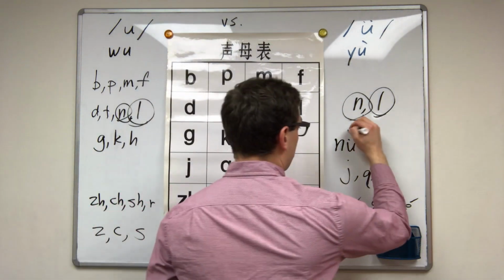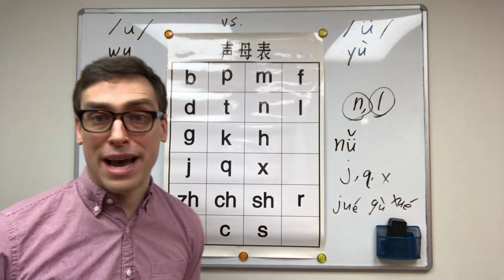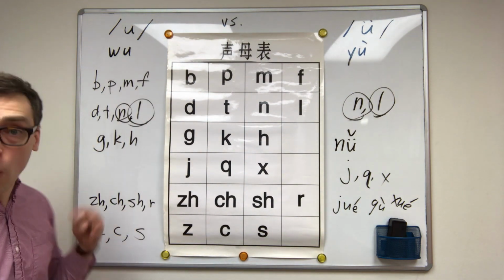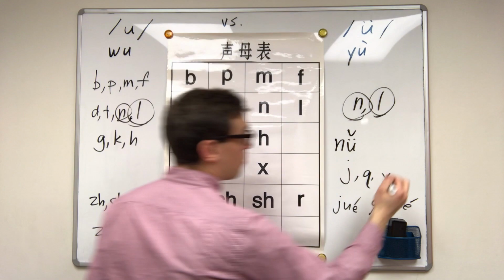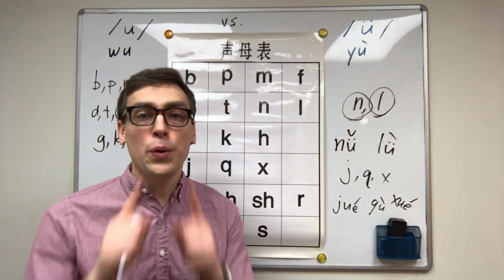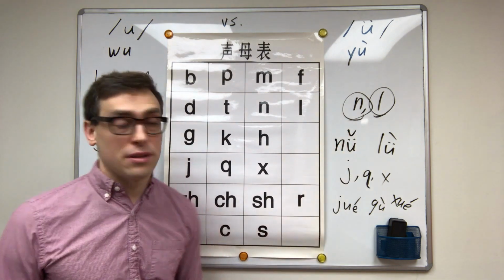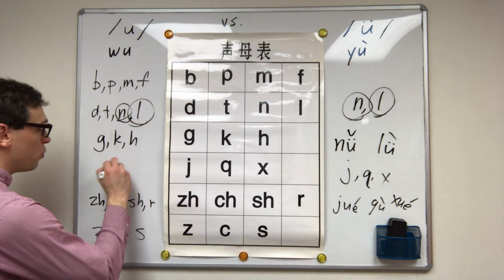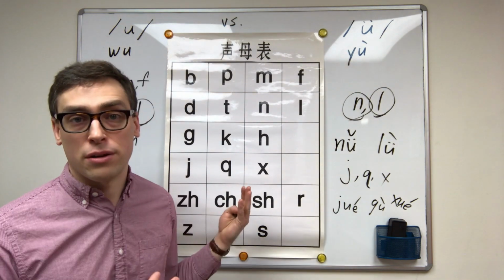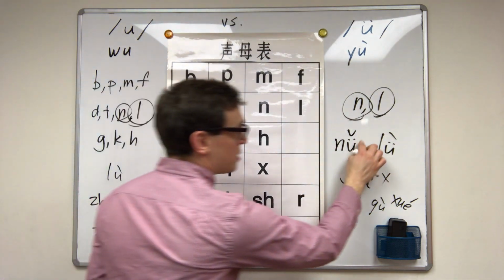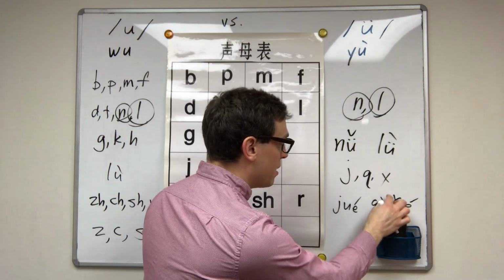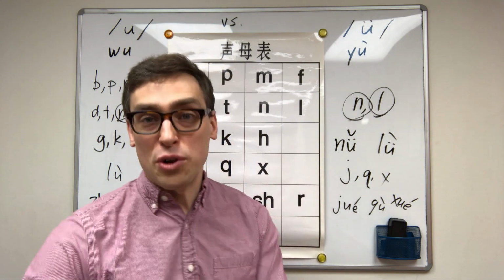So 女, the word female, we have to see those dots. Otherwise we'd be saying nú, 奴, a totally different word. If we wanted to say the word green, the color green, 绿, lǜ, we need those two dots. Otherwise we're saying 路, lù, road. Nothing to do with each other. So only in this situation will you ever see the two dots. But believe me, they're here. They're just hidden for your convenience.